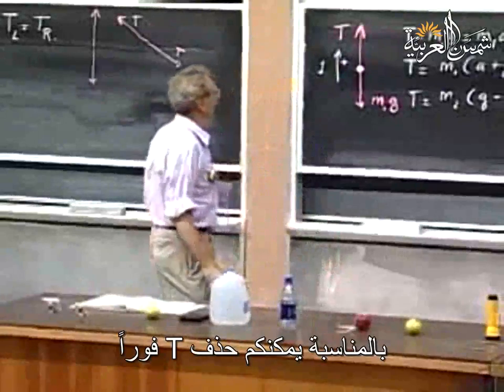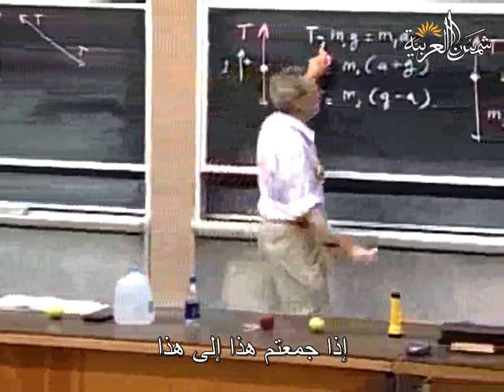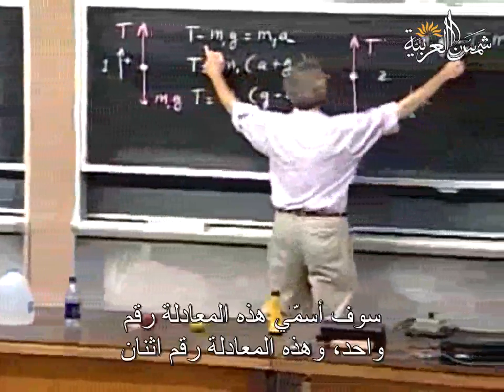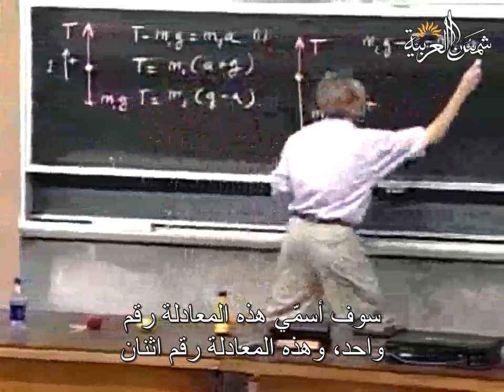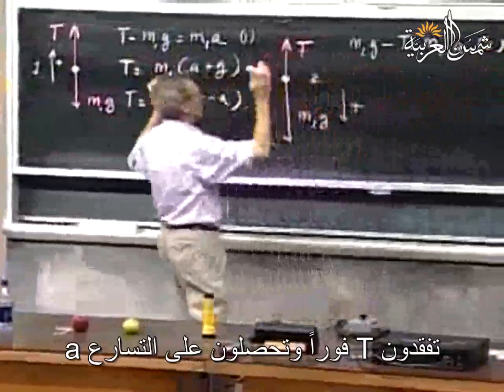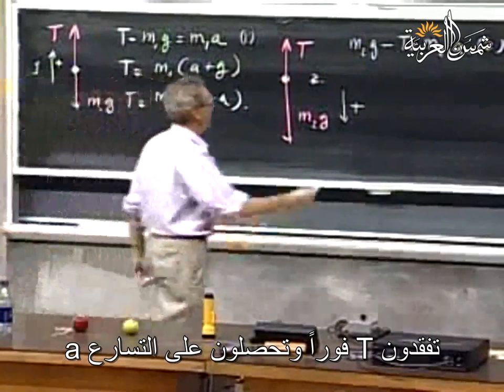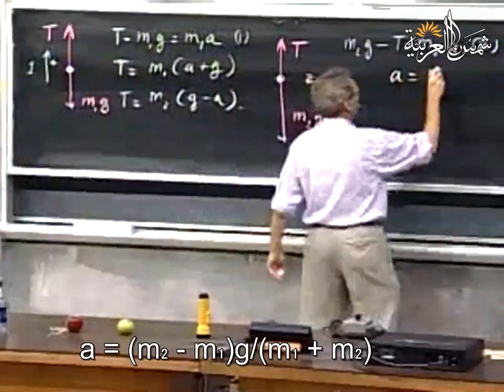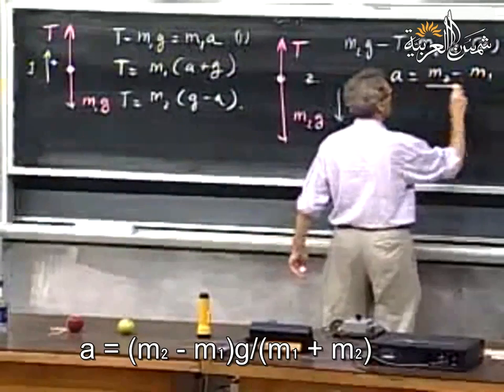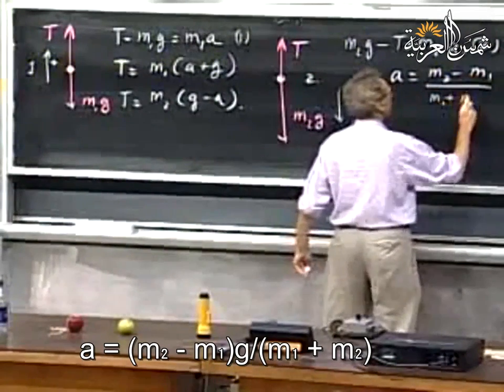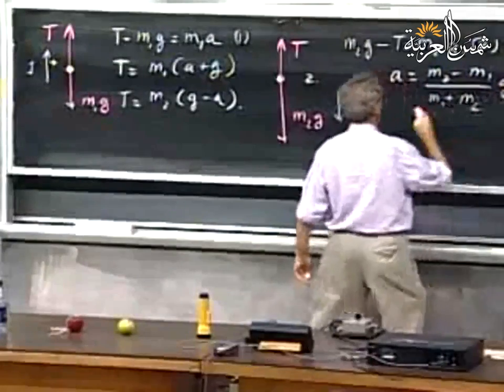You can immediately eliminate T, by the way. If you add this one with this one, I call this equation 1, and you call this equation 2, you immediately lose your T, and you get that the acceleration a equals (m2 minus m1) divided by (m1 plus m2) times g.